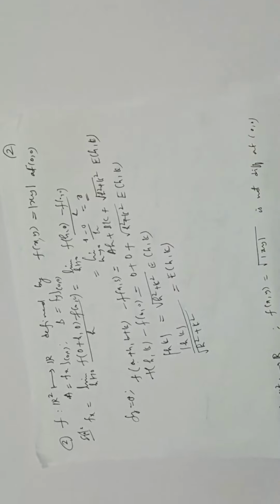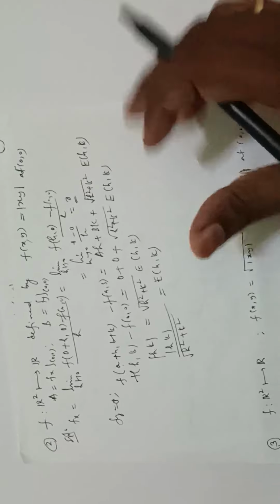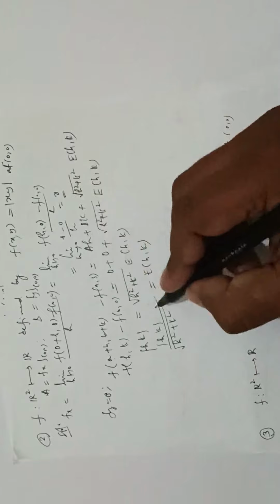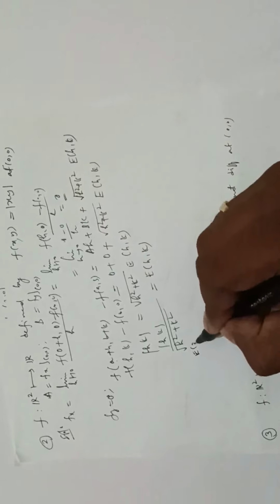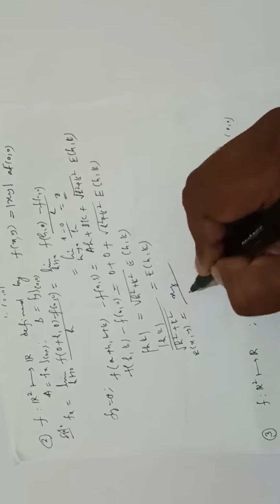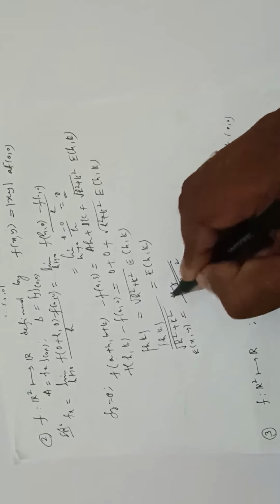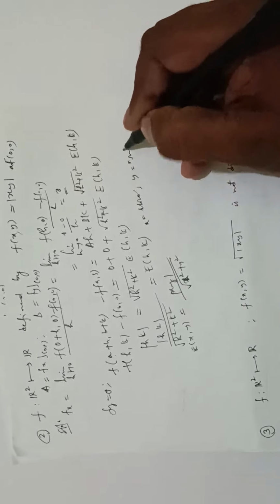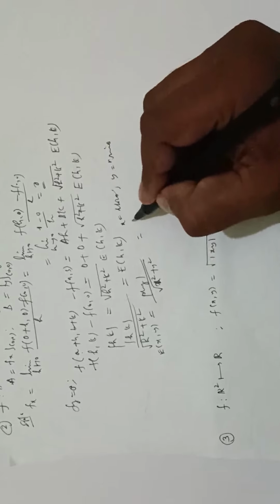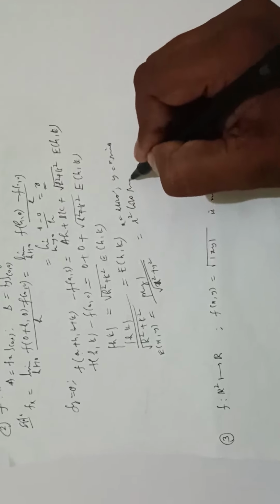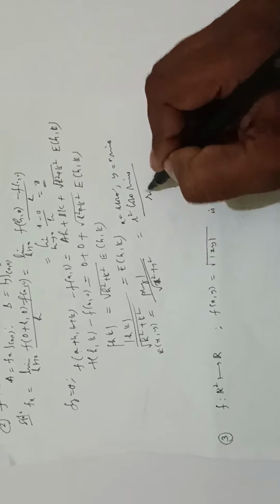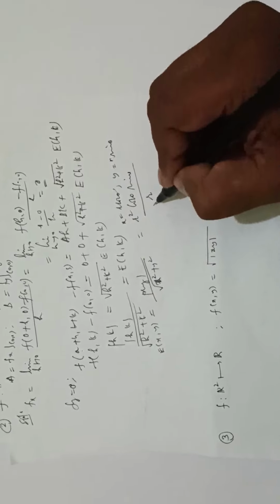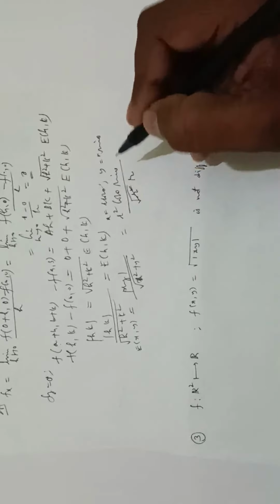See, once you have this kind of problems, the better way to look into this is by going into the polar form. In the sense, you can visualize this as e of x comma y equals modulus of xy by square root of x square plus y square. So put x equals r cos theta and y equals r sin theta. So this will be r square cos theta sin theta by square root of r square, which is as good as saying r.